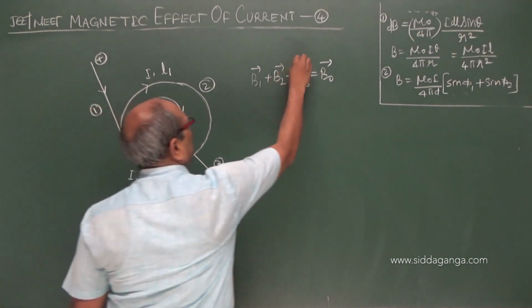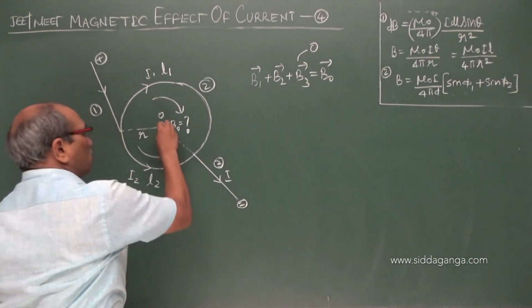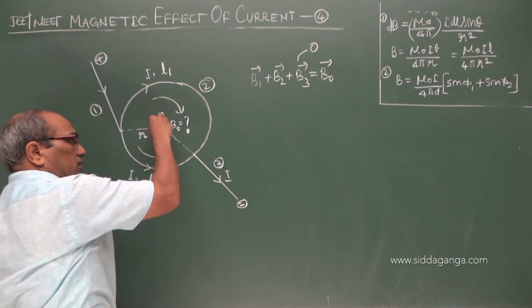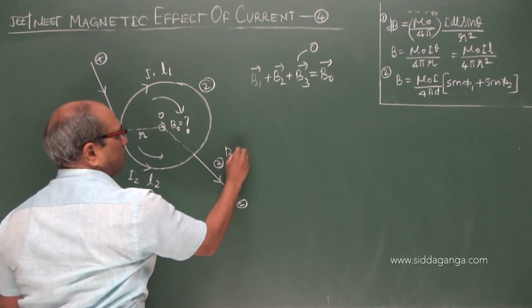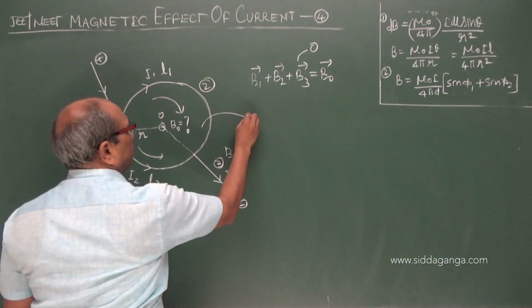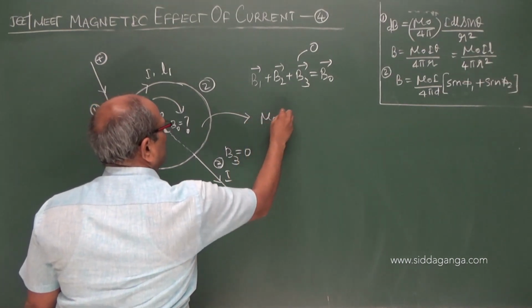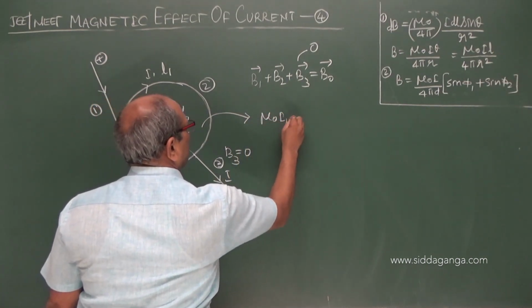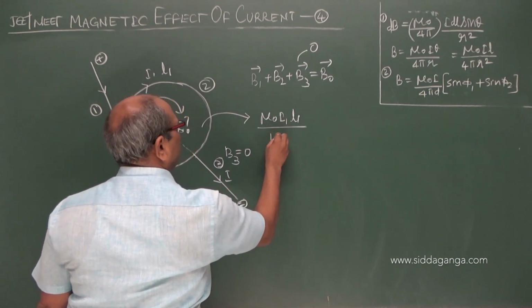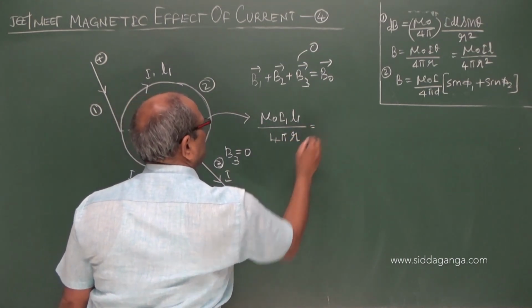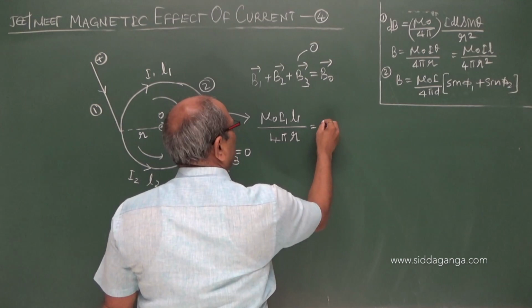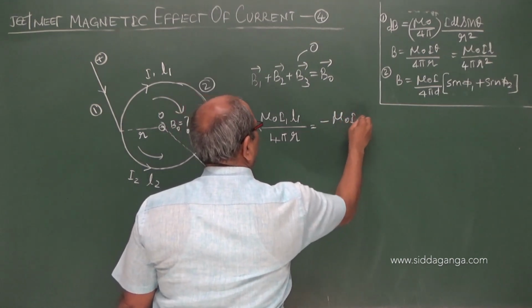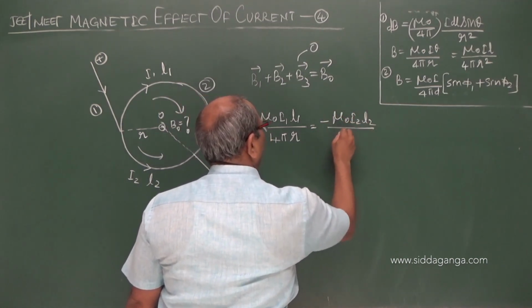But I say B3 is 0 because it is in line with the point. Therefore B3 is 0. And here mu naught I1 L1 divided by 4 pi R is equal to minus mu naught I2 L2 by 4 pi R.